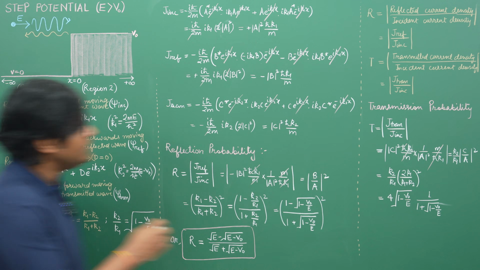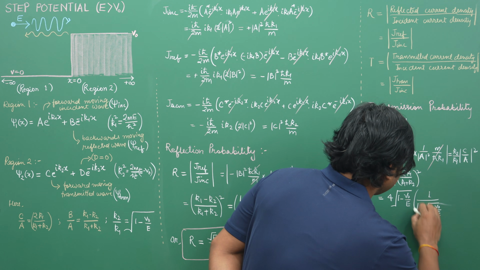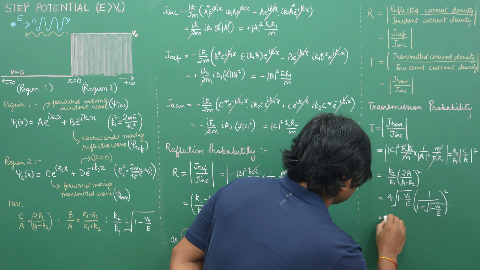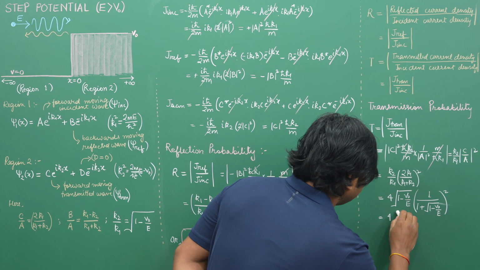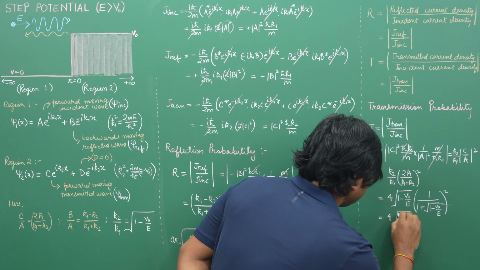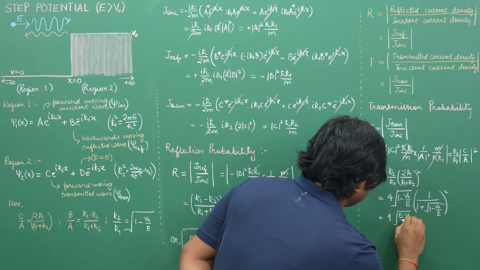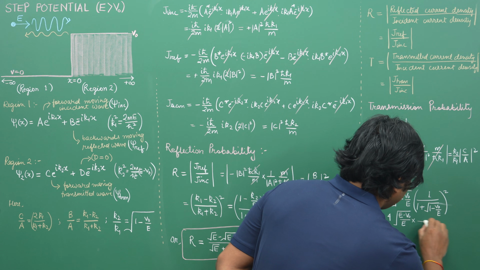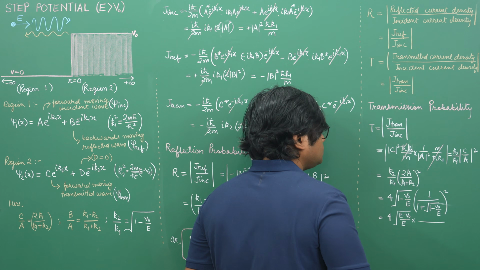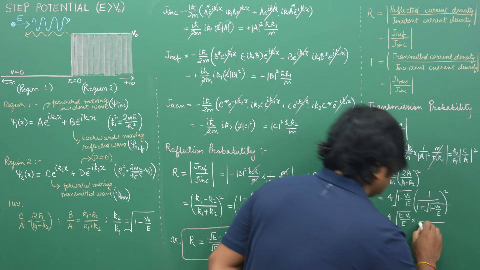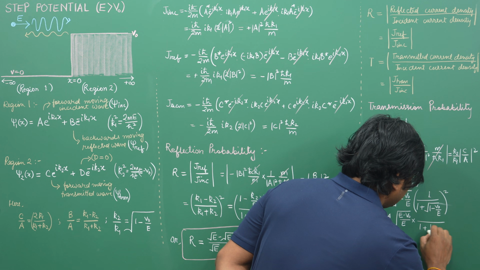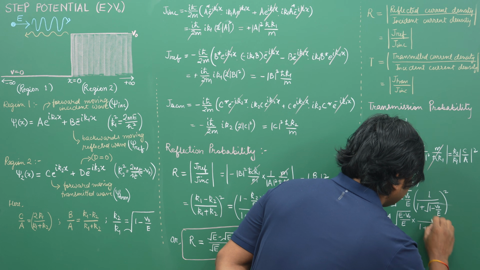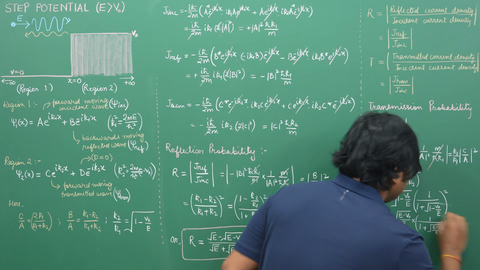If I simplify this, there should be a square here. This should give us 4, and here I will get E minus V naught upon E, and here I would get 1 plus root over E minus V naught upon E, whole square.